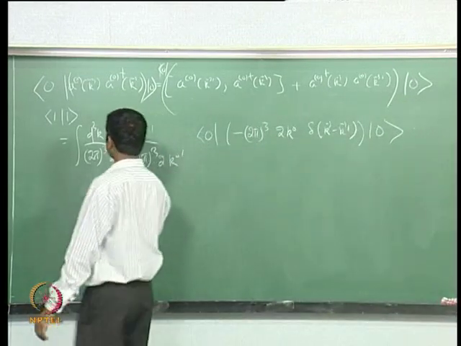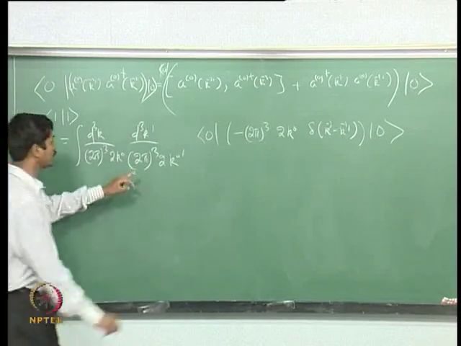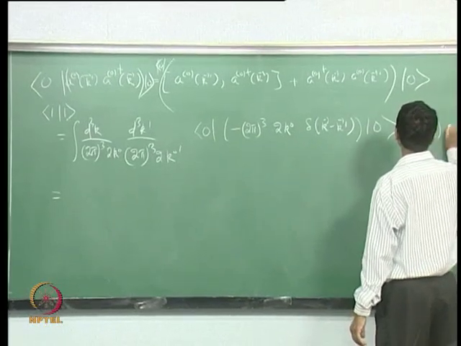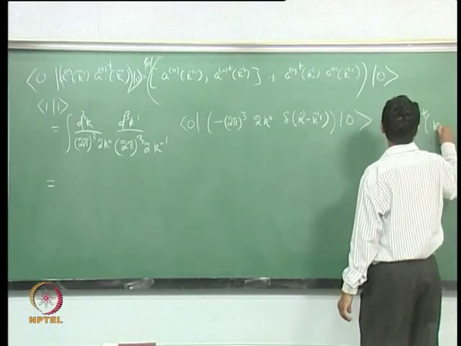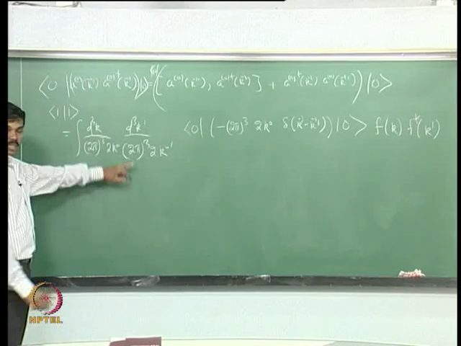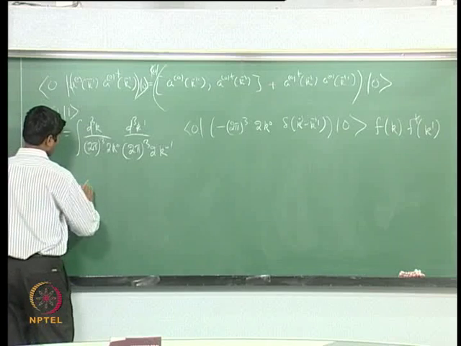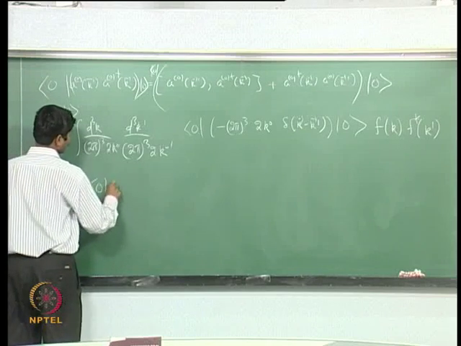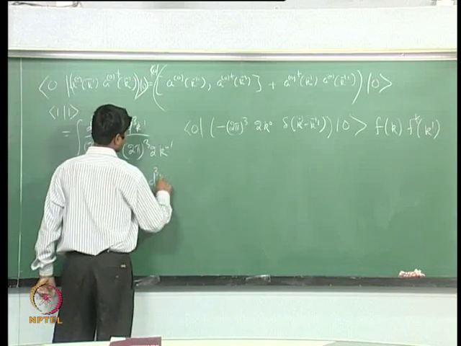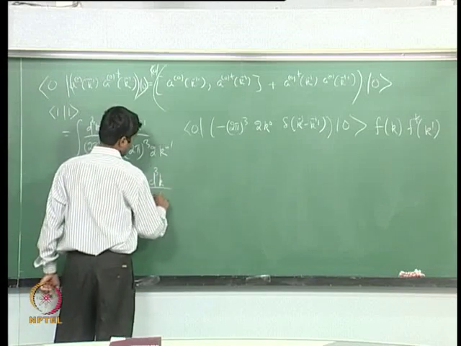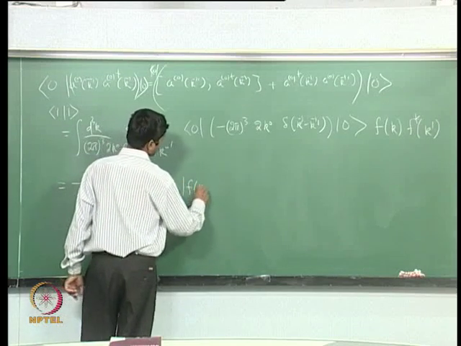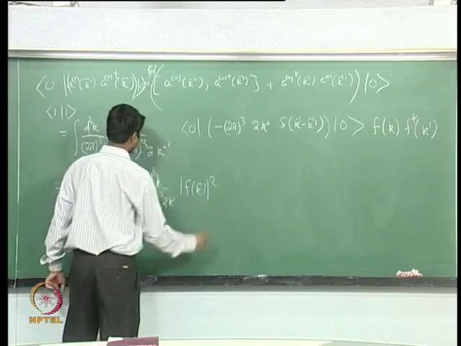Now, you can perform the k′ integration, and then there is f of k, f star of k′. If you perform the k′ integration, what you get is the norm of the ground state, and there is a minus sign, ∫ d³k/((2π)³ 2k⁰) |f(k)|².